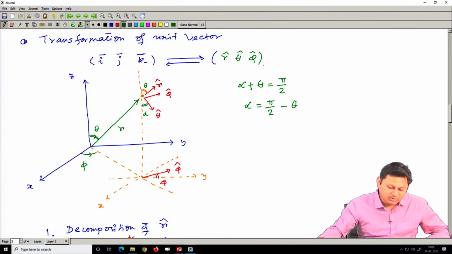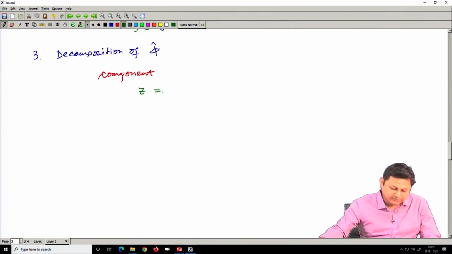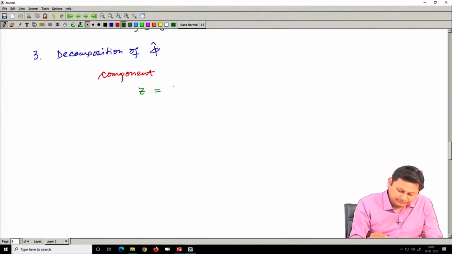You can see that the phi unit vector is lying here, which in all cases should be parallel to the x y plane. So, we should not have any kind of z component of this phi unit vector, because phi is tangential. If we have a curve like this and it is tangential around this direction, we should not have any z component. So, the z component of the phi unit vector is simply 0.